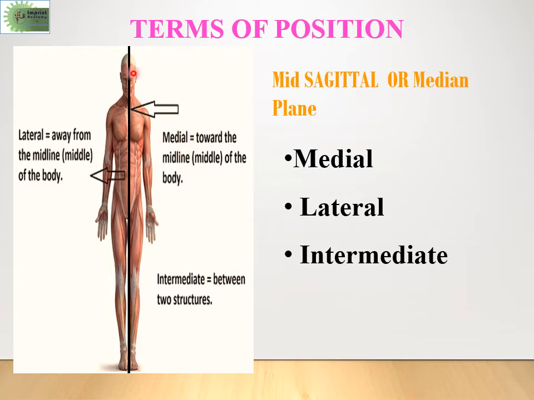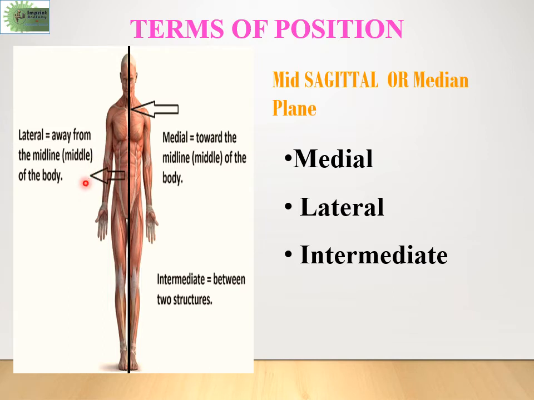The medial: you can see this is the midline or the mid-sagittal plane or the median plane. Towards the midline or near to the midline, you can see this arrow, is called medial. If a structure lies near to the midline of the human body, it is called medial.